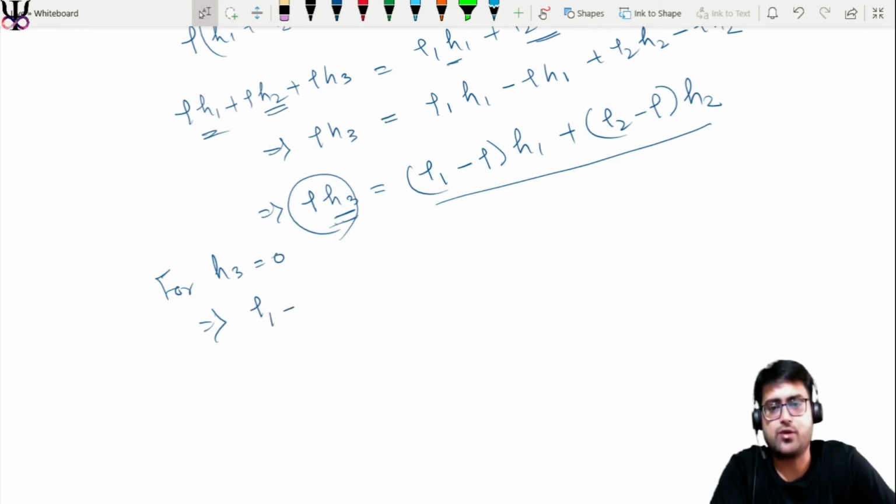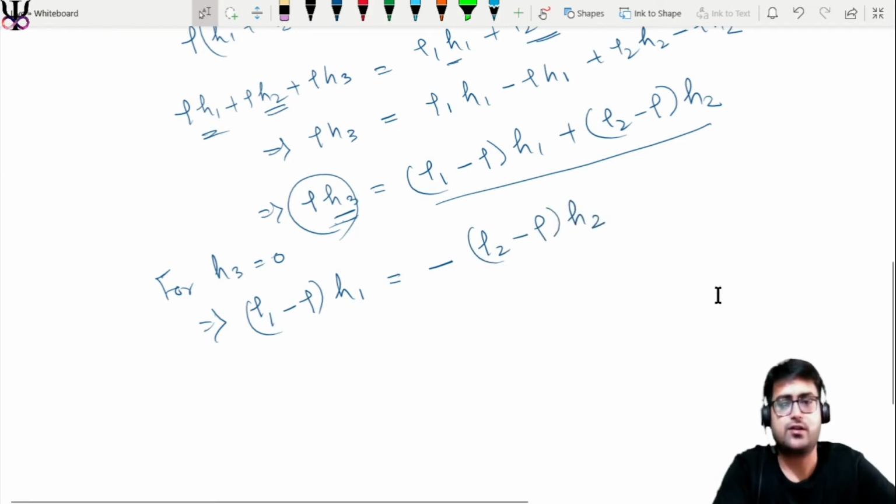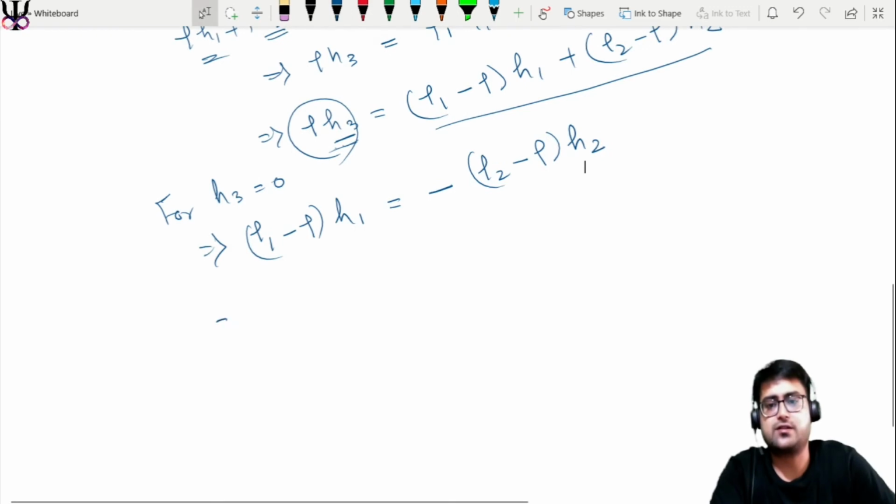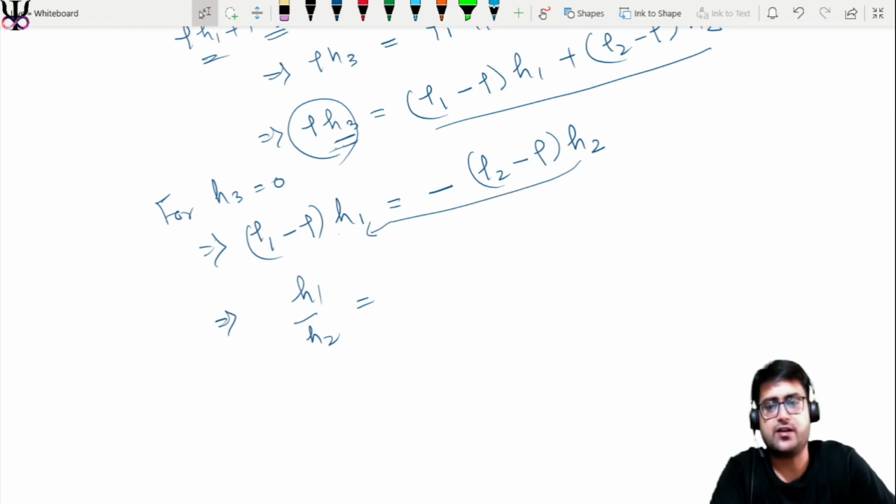So it's going to be (rho 1 minus rho) times H1 equals minus (rho 2 minus rho) times H2, correct? So in that case, let's have H1 by H2. If I take it here, this part will go here, which is minus (rho 2 minus rho) divided by (rho 1 minus rho).